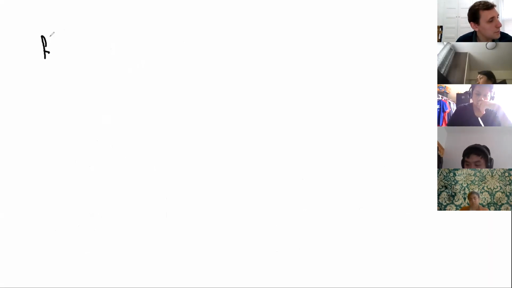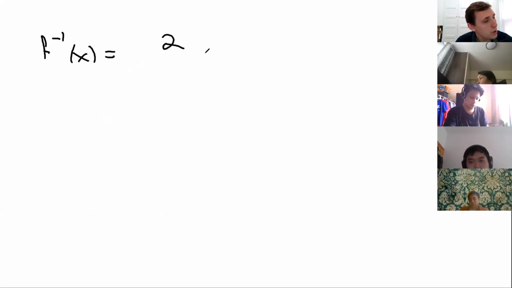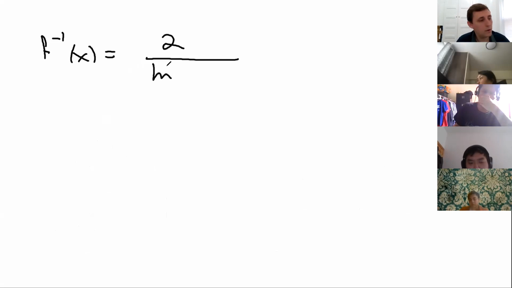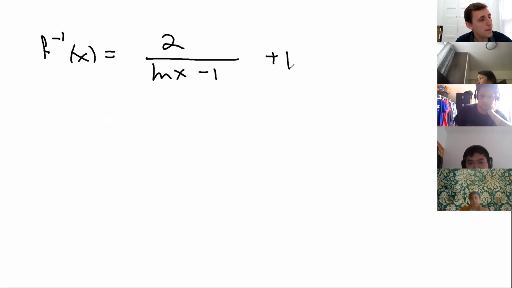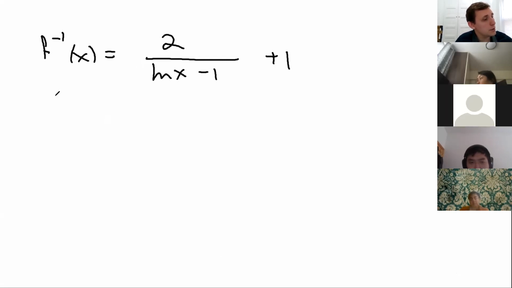So my inverse function, I can even solve for it. It's 2 over ln of x minus 1, minus 1, plus 1. And then I can take the derivative of this function if I want to.